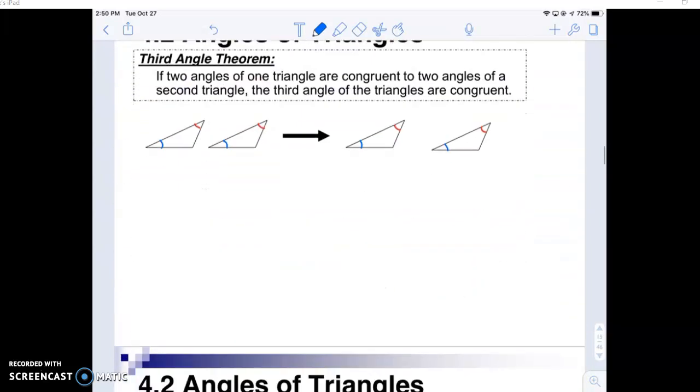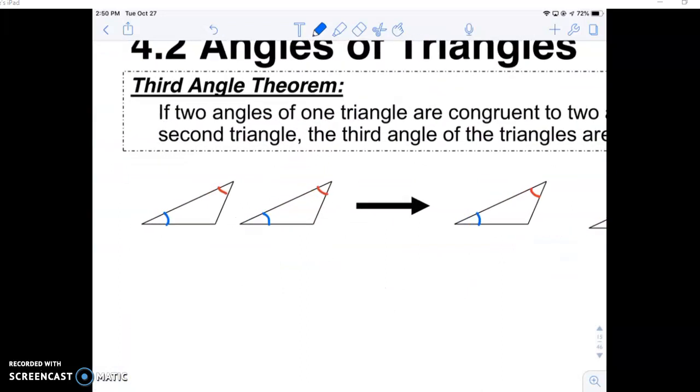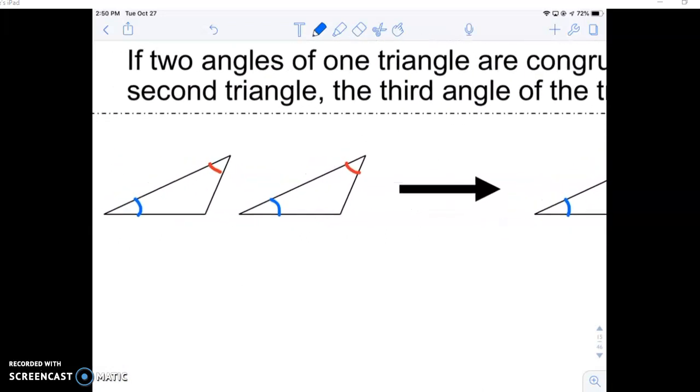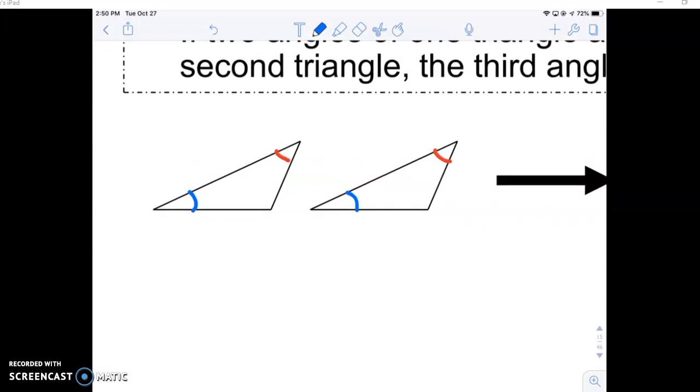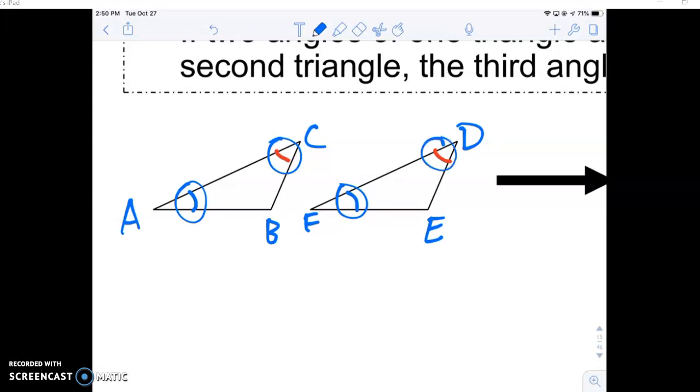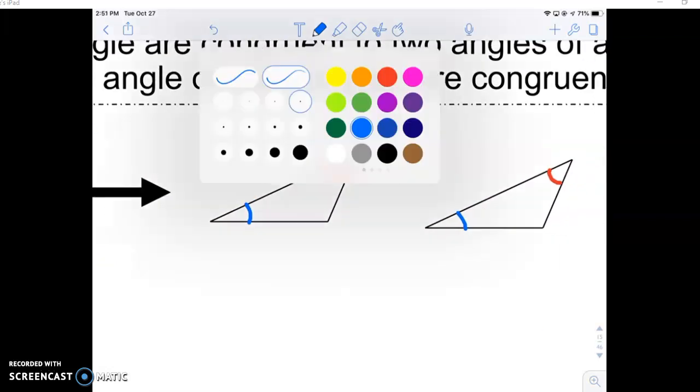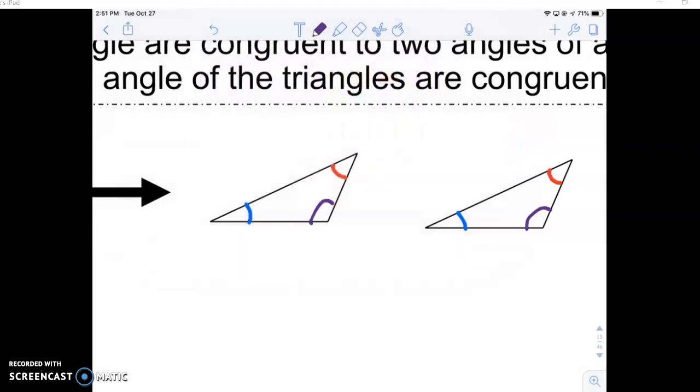So if we have two different triangles, let's look at these two different triangles. I'm going to label this as A, B, C, and E, D, F. If we're given that these angles in blue are congruent to each other, and the angles in red are the same, what the third angle theorem tells us is that we can conclude that these angles in purple would be the same.